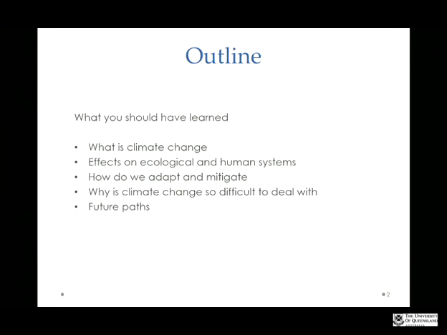What I want to say in the outline is we'll try and work out what you've learnt: what is climate change and what's driving it, and what are the effects on both ecological and human systems, and how do we adapt and mitigate those effects to try and deal with it as best we can.